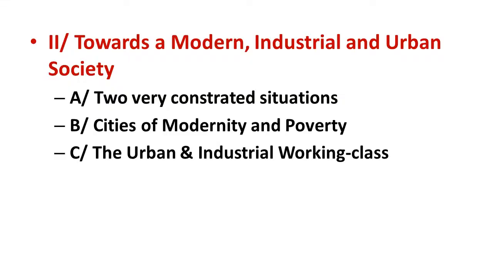The last point about these social changes will also be connected to the political changes we studied in the first lesson. The emergence of this urban industrial working class, particularly important in Britain, was both a social change and also a political change, because as a community the working class formed a new political actor.